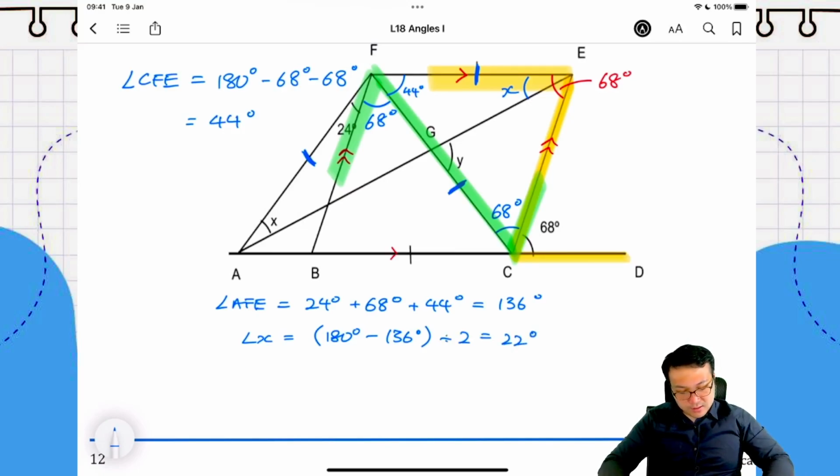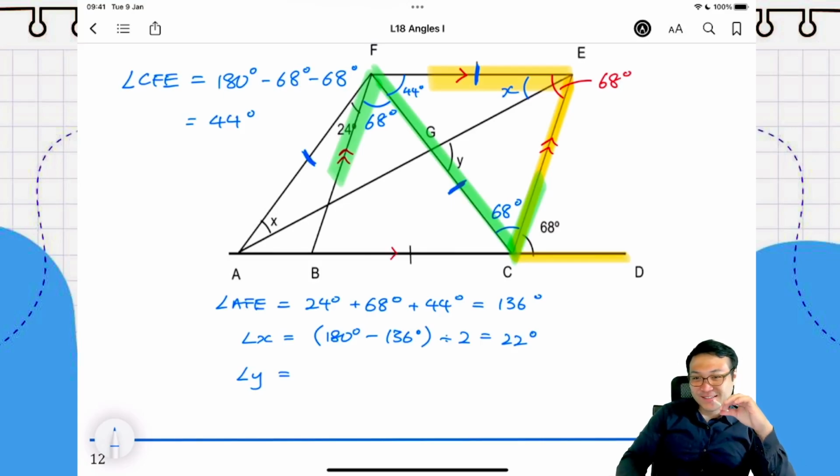Well done. Now let's try to find angle Y then. Do you know how to find angle Y? 180 minus 24 minus 68 minus 22. Wait, slow down. Say again. 180 minus 68 minus 24 minus 22. What answer do you get?